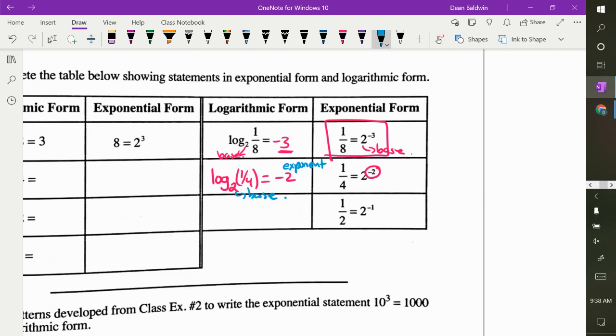So what am I going to write for the next one? 1/2 is equal to 2 to the negative 1. What's my base? Log subscript 2 of 1/2 equals negative 1. Okay?